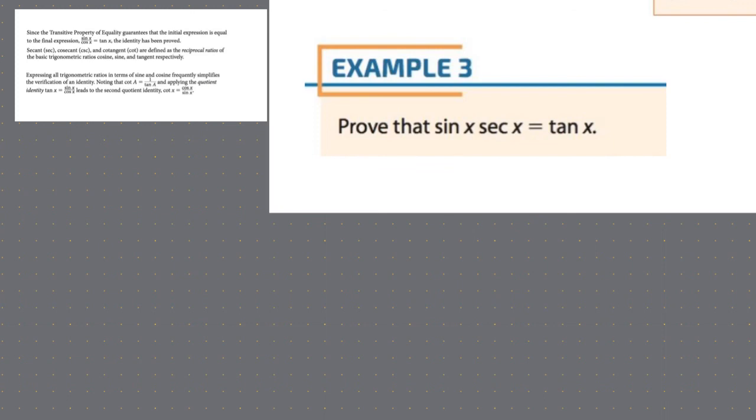We know sine x. We've had sine x for a couple sections now. Secant is different. Go back to your notes right up above you and look. Secant is 1 over cosine.